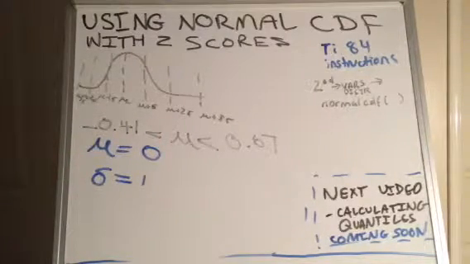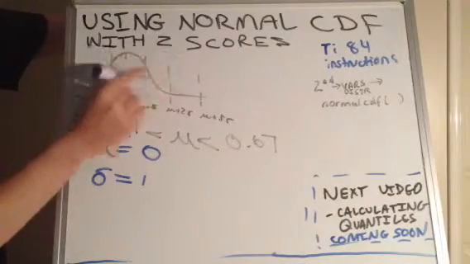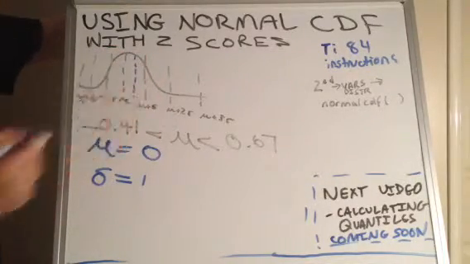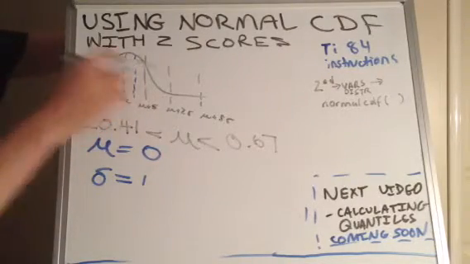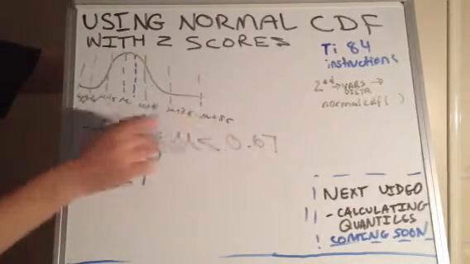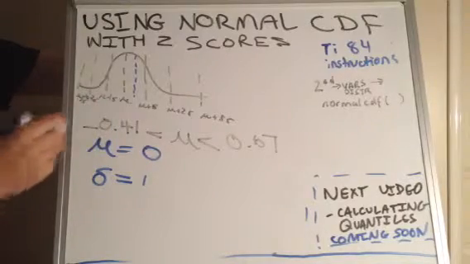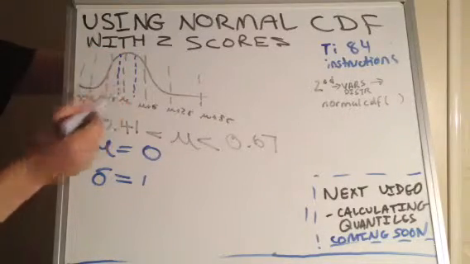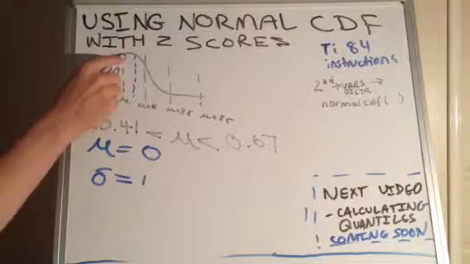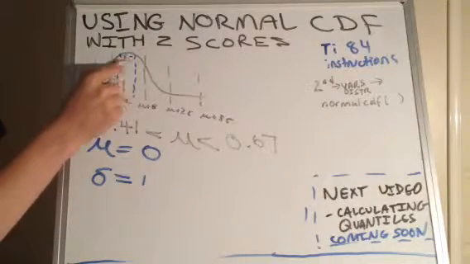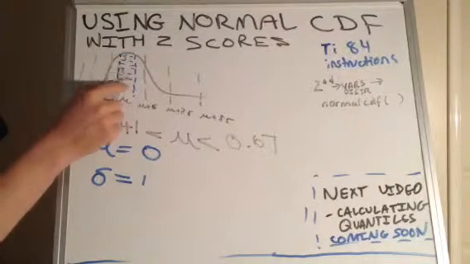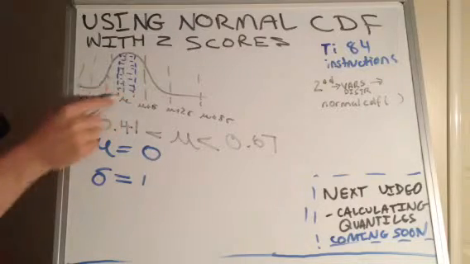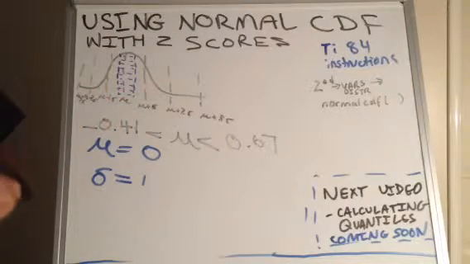Well, just by looking at this, we can see that it's not going to be out here somewhere. It's going to be around about there that we're looking at. 2/3 of a standard deviation to the right, because again, that's positive. And our lower limit, negative 0.41, would probably be somewhere there, just under half. So we're looking for the likelihood of a random variable on this distribution being within there, between the z-score of negative 0.41, and the z-score of 0.67.